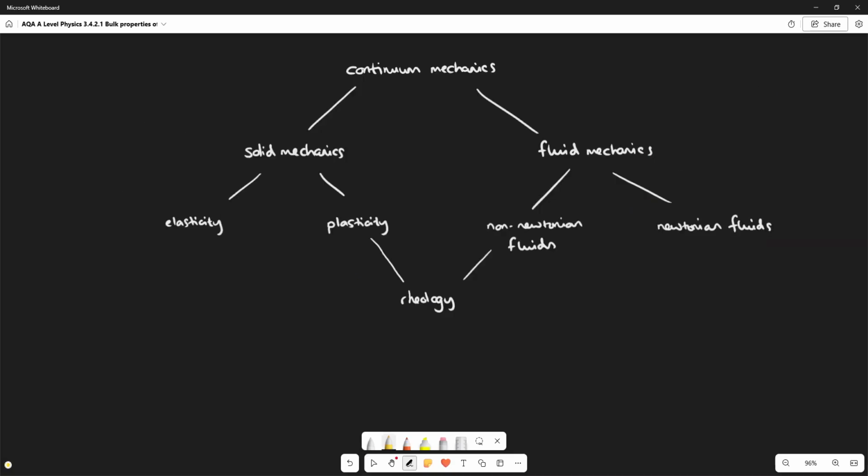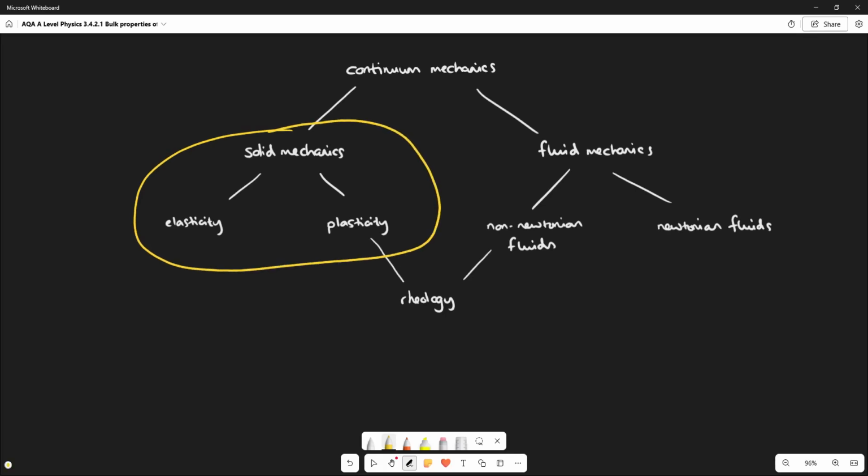At A level, we focus on solid mechanics, bulk property of solids. This includes temporary deformation or elasticity, and permanent deformation, or plasticity.